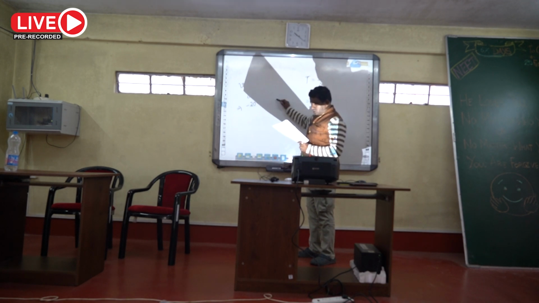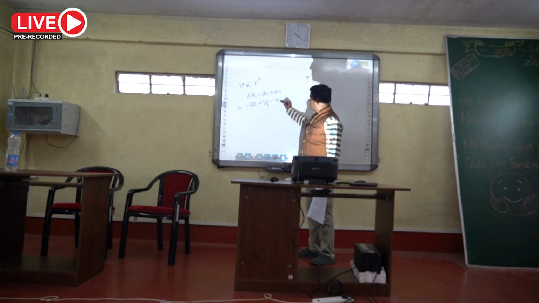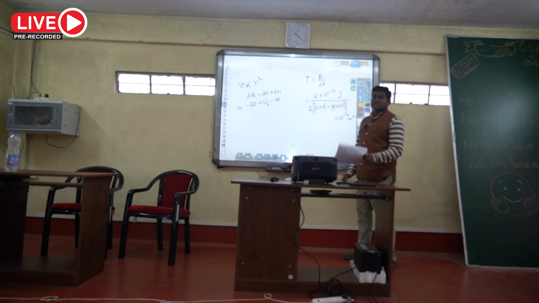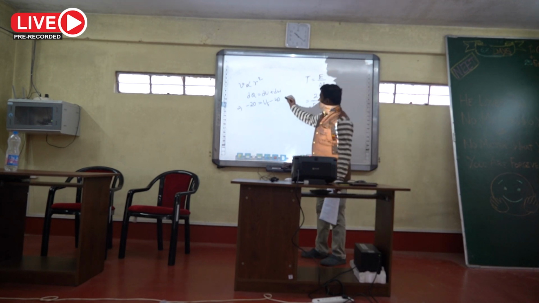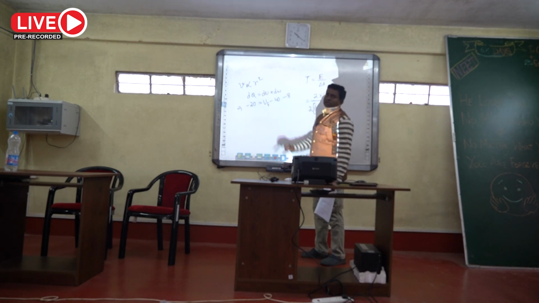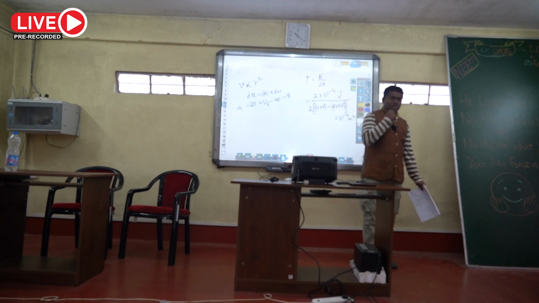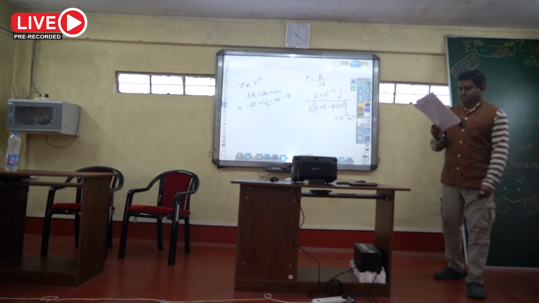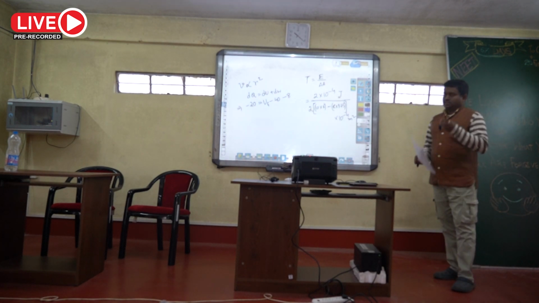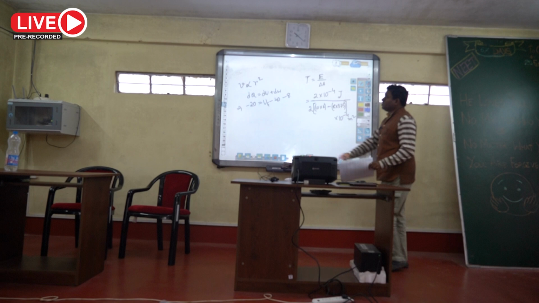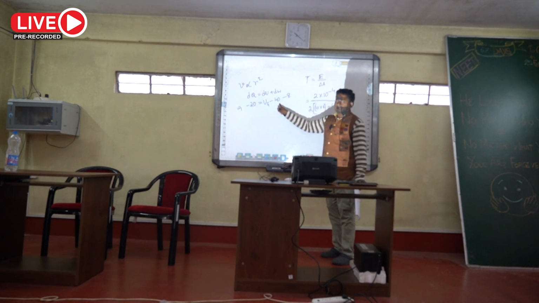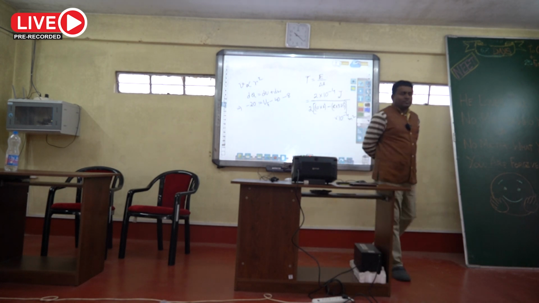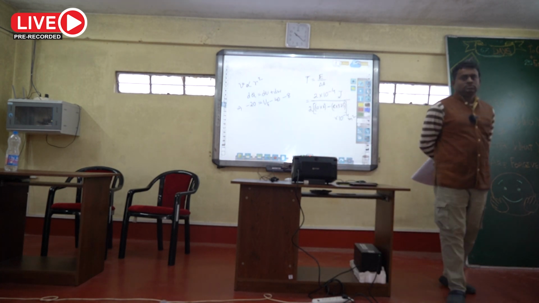UI is given 40, and 8 joule of work is done on the gas. Calculate UF. This is UI, initial internal energy, that is given 40. UF minus UI, that is dU.